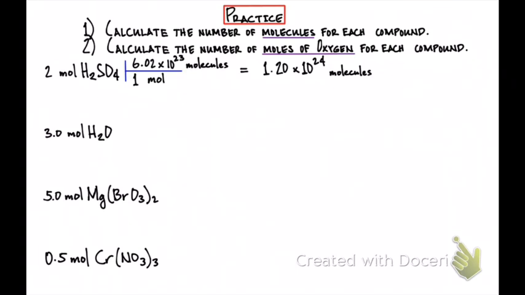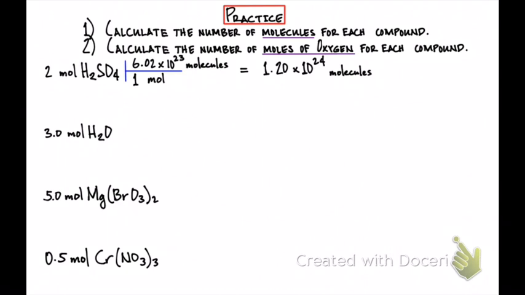And then for the second part here, it says calculate the number of moles of oxygen for each compound. Number of moles of oxygen. So here it tells you that you have 2 moles of this compound. If you're trying to determine the number of moles of oxygen, all you have to do is multiply the number of moles of the compound times however many oxygen atoms there are in that chemical formula.